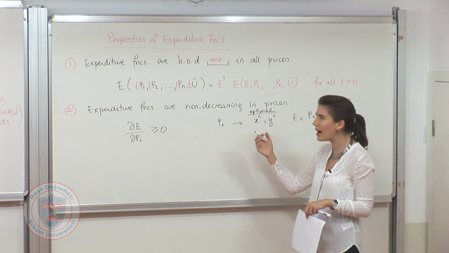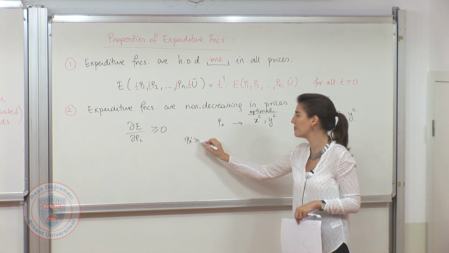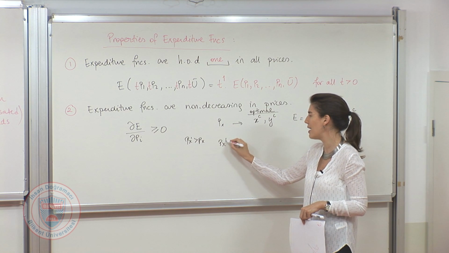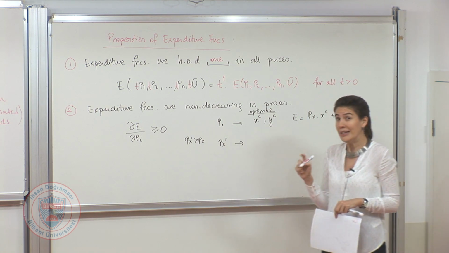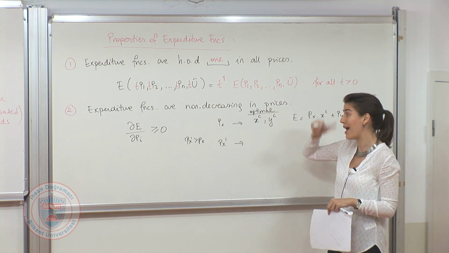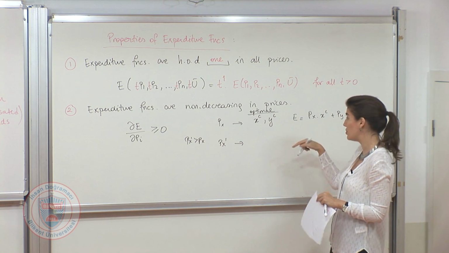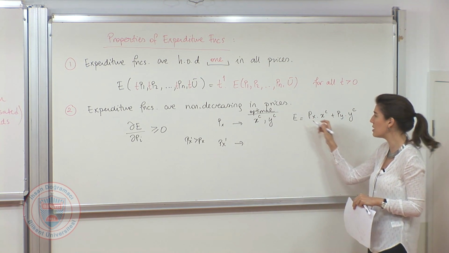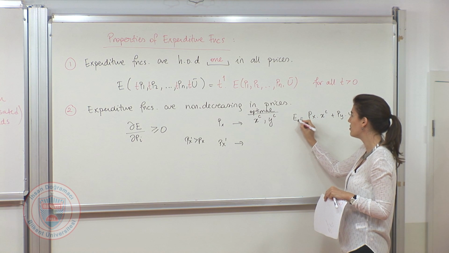Now suppose my price increases. Let's say px prime is greater than px. Suppose the price of x increases, but expenditure is going to decrease. Let's call the original expenditure E0.